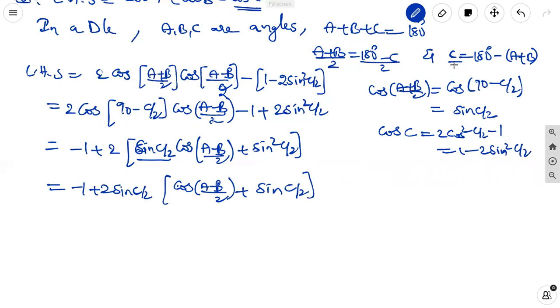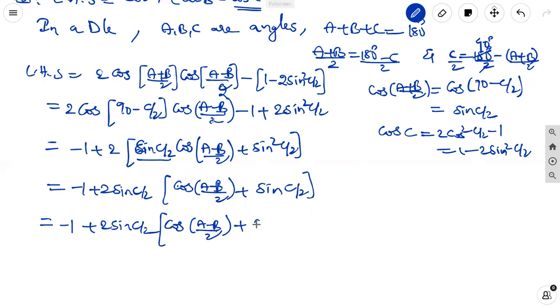That C by 2 can be written as 90 degrees minus of (A plus B) by 2. It is equal to minus 1 plus 2 sin C by 2 times cos of (A minus B) by 2 plus sin of, in place of C by 2, 90 degrees minus of (A plus B) by 2.